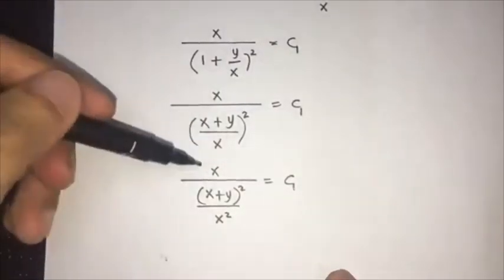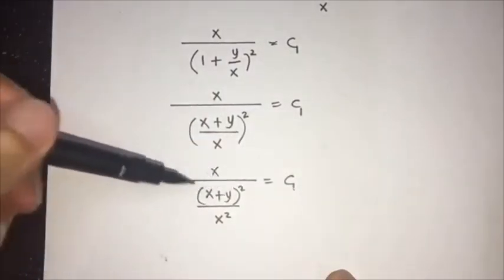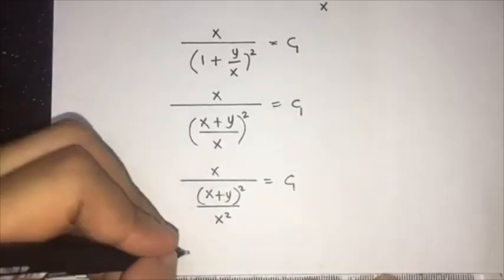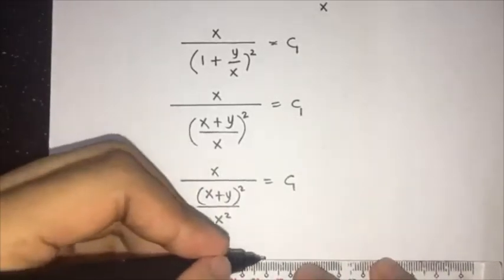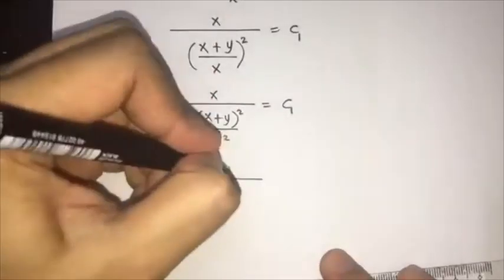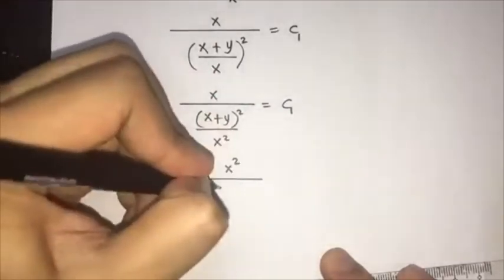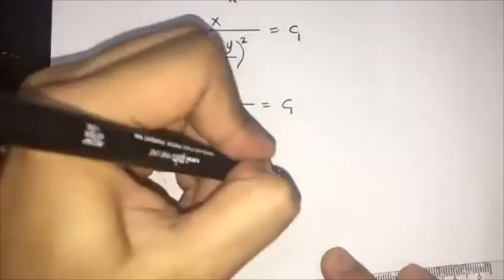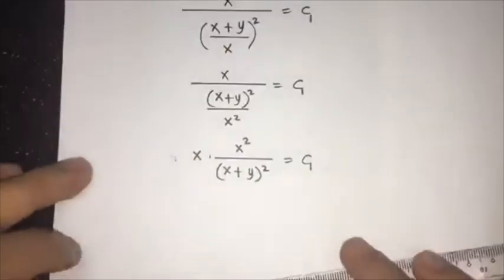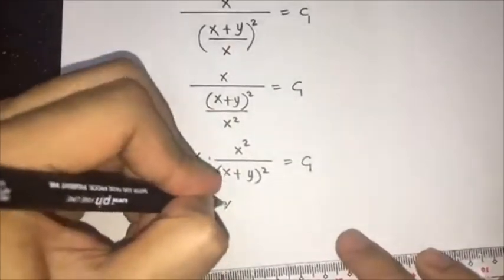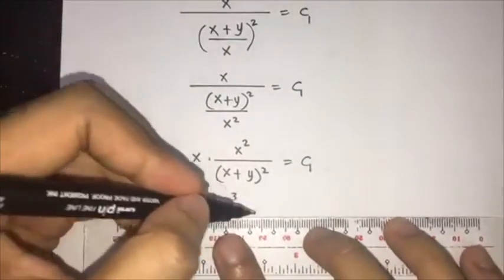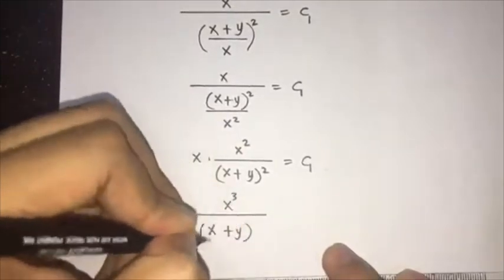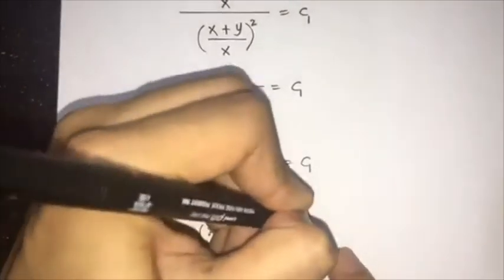So dividing this, x times x squared over (x plus y) squared is equal to c1, or x cubed over (x plus y) squared is equal to c1.